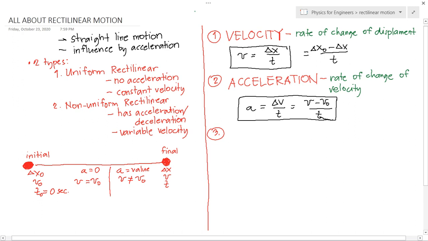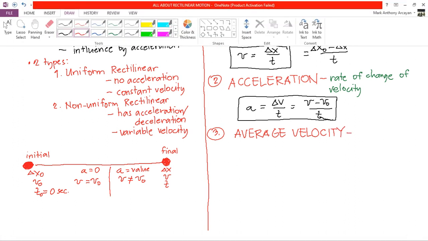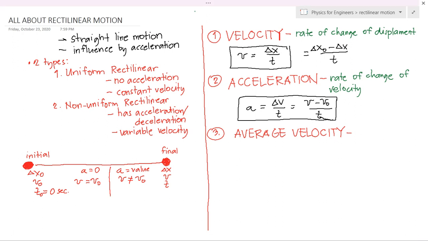Then, ito na yung equation number 3 natin. So, yung average velocity pala yung nadagdag. So, we have average velocity. It is not the same with our velocity alone. Kasi yung average velocity states that it is the ratio pala of the total distance traveled.